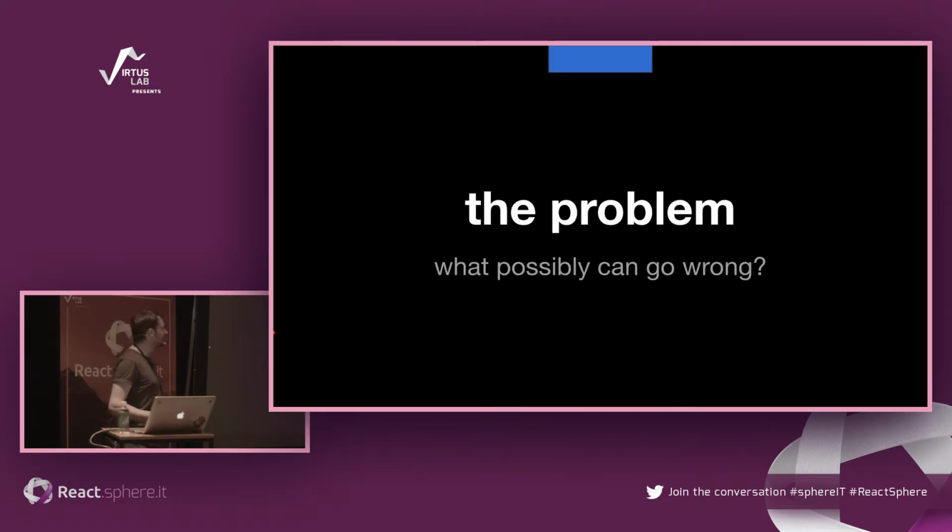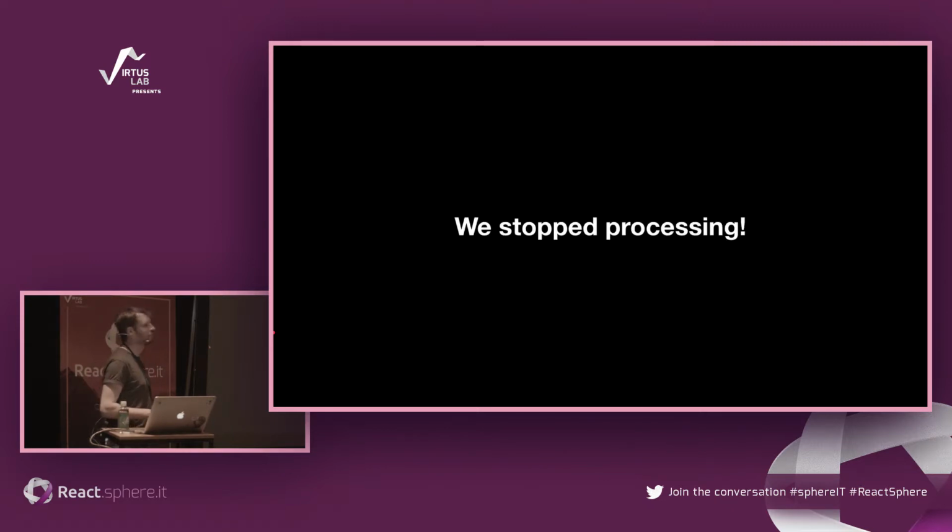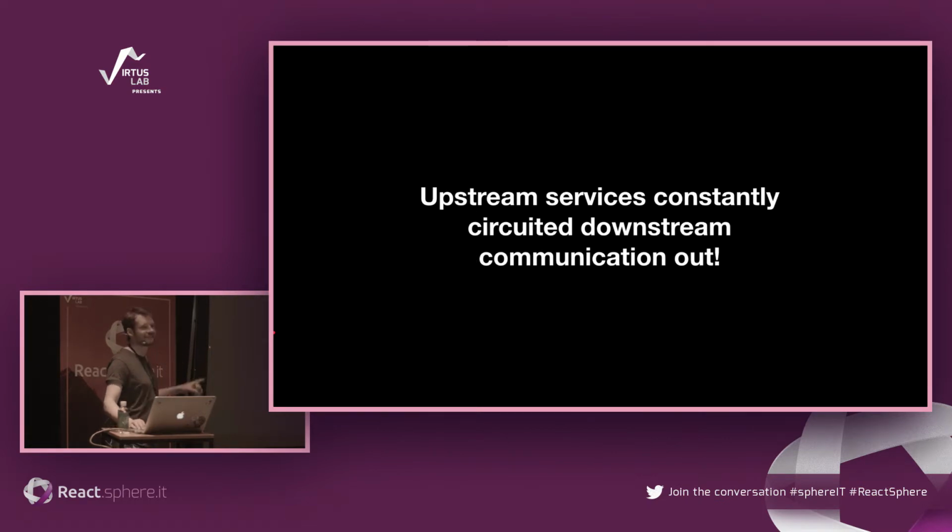So the problem is that we stop processing, and that's actually the problem I want to talk about in this presentation, and how we solve it. The key thing is that we start seeing that our circuit breakers stop communication, but not only on traffic level, but also within the bidders, which is even weirder.